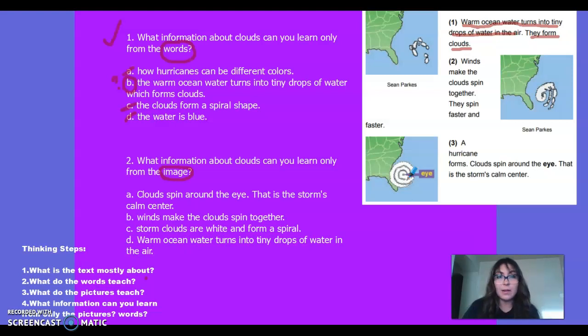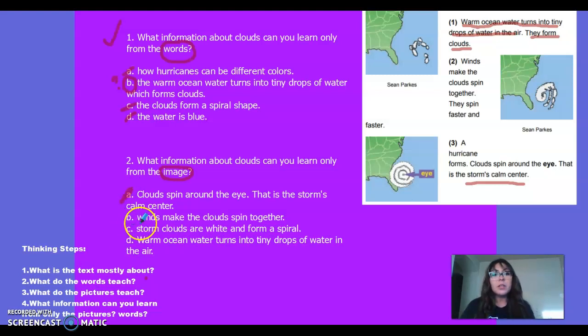I can't, right? I need words to teach me that that's the storm's calm center. And I actually remember reading that in the words. It says it here. And this question is not asking about the information in the words. It wants me to find the information from the image or the picture. So careful. That one's actually trash.